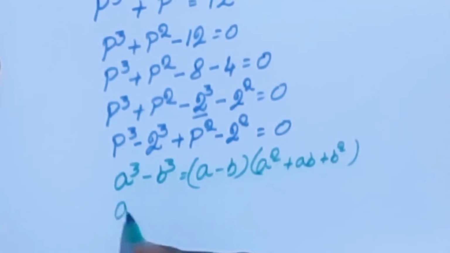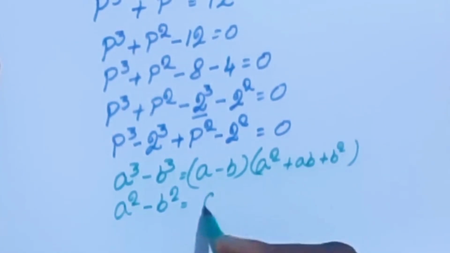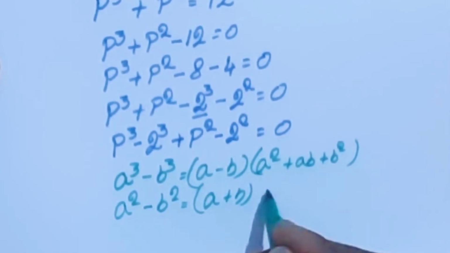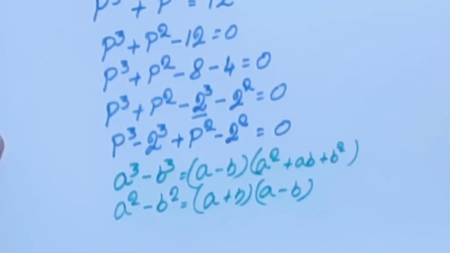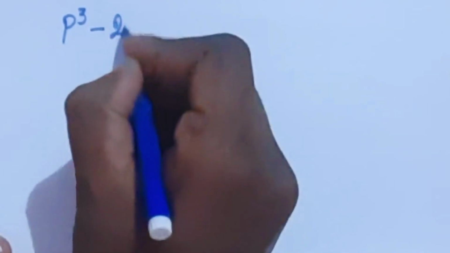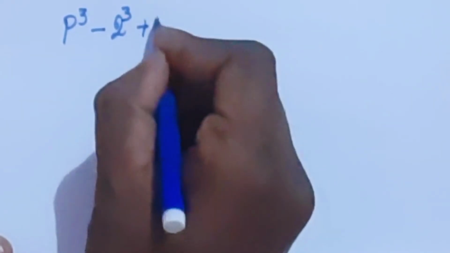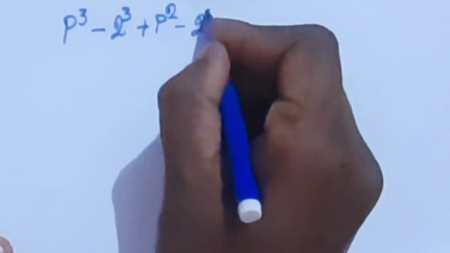Here a square minus b square equal to a plus b times a minus b. This we are going to apply here. So p power 3 minus 2 power 3 plus p power 2 minus 2 power 2 equal to 0.